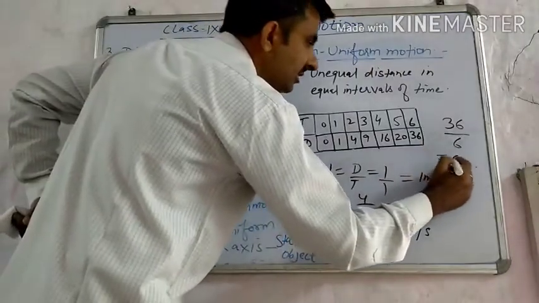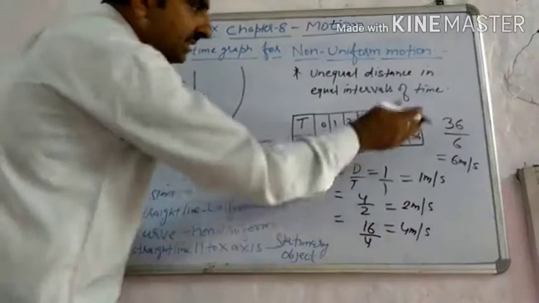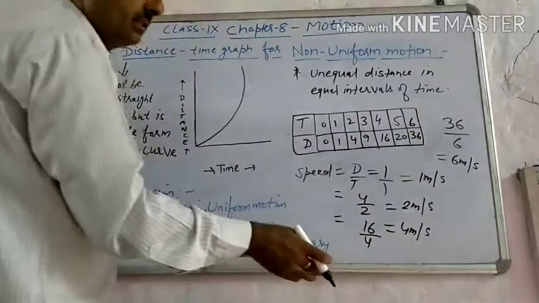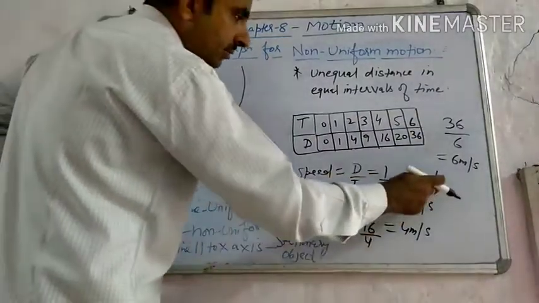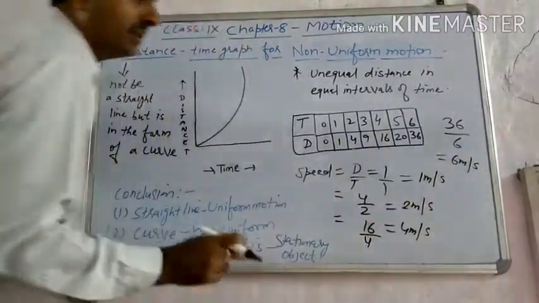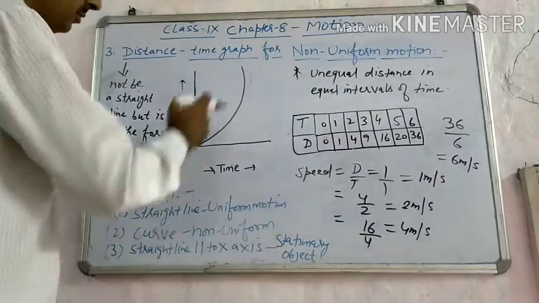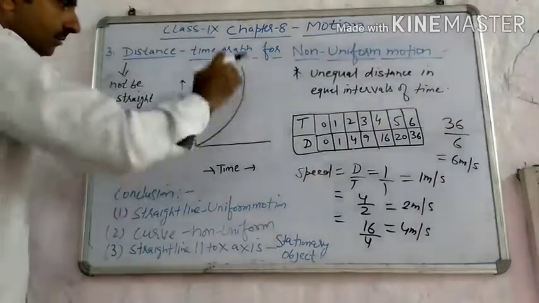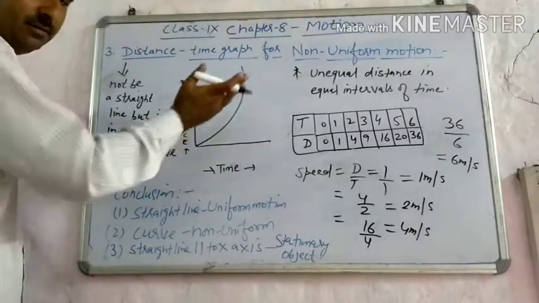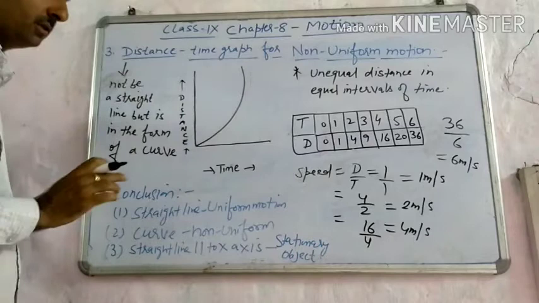Now it comes 6 meter per second. So we can say that this is the variable speed. It is not uniform. Here comes 1 meter per second, 2 meter per second, 4 meter per second, 6 meter per second. This is not the uniform speed. So the graph will not be in a straight line, but it will be in the form of a curve.